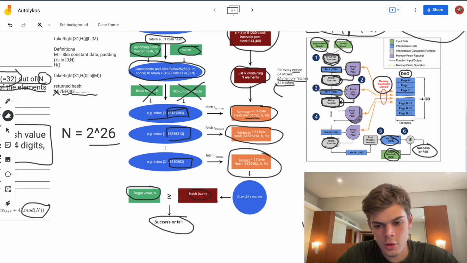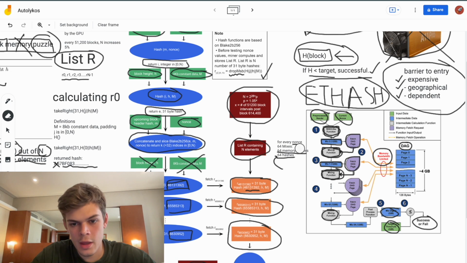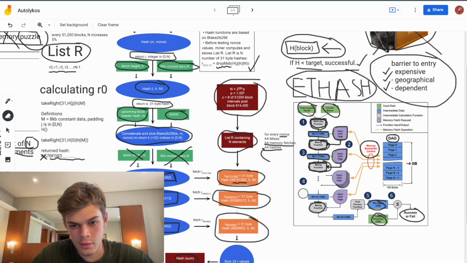So I think there's just a couple of things I want to mention as to why Autolykos is pretty awesome. The first is the memory fetches per nonce. So with Ethereum, we saw that every nonce, you have 64 mixes, 64 memory fetches. So you basically have one memory fetch per hash in Ethereum.